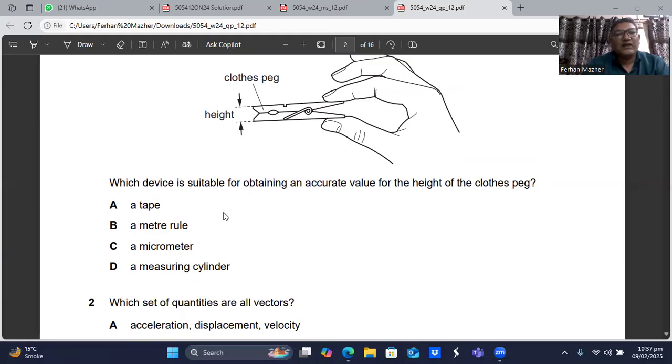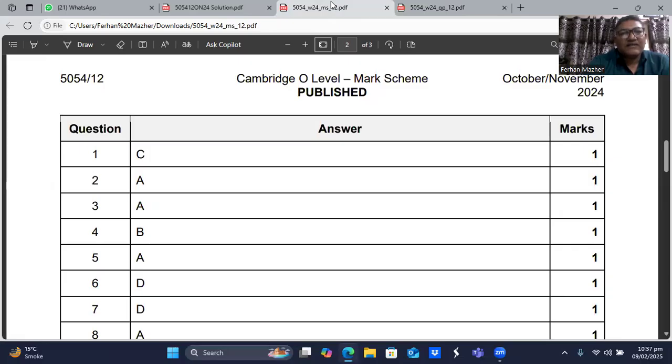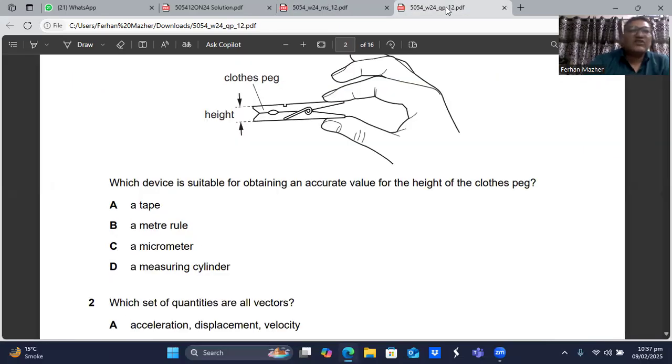I want to measure this height. Which one is the best? I think the best thing can be a micrometer. That will give you a very accurate reading. So let's check. What's the answer? C is the answer, sir, which is the right answer.